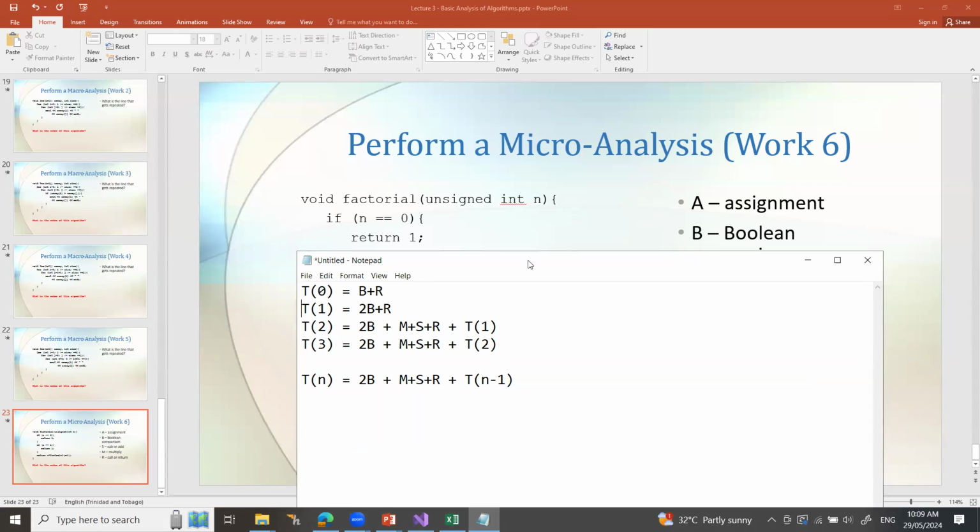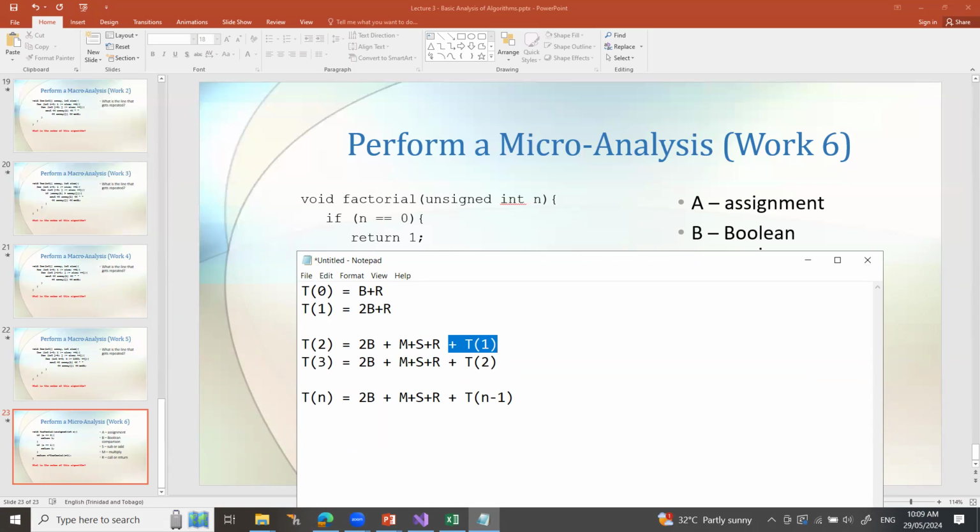So I'm going to put my recursive solutions here, and what I'm going to do is transpose this to the other side. I'm going to cut you from here and put you on the other side, so the plus sign becomes a minus. See what I'm doing here, right?